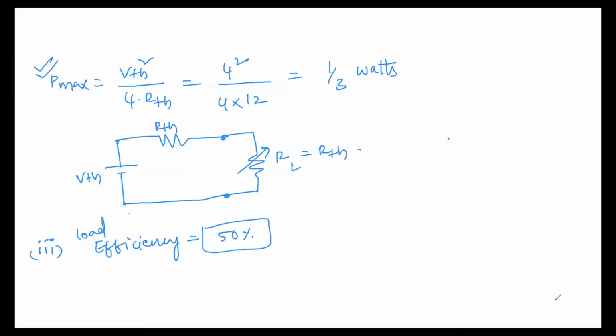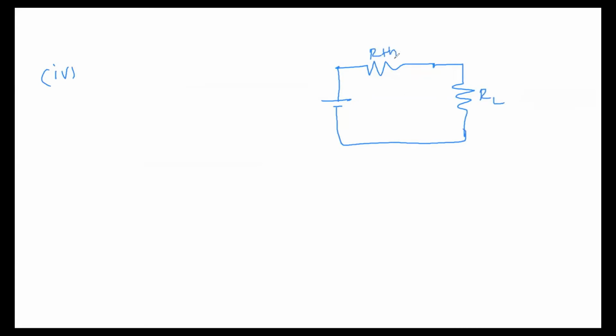Now, one logical point I will ask. You have a circuit like this. This is RL and this is RTH.